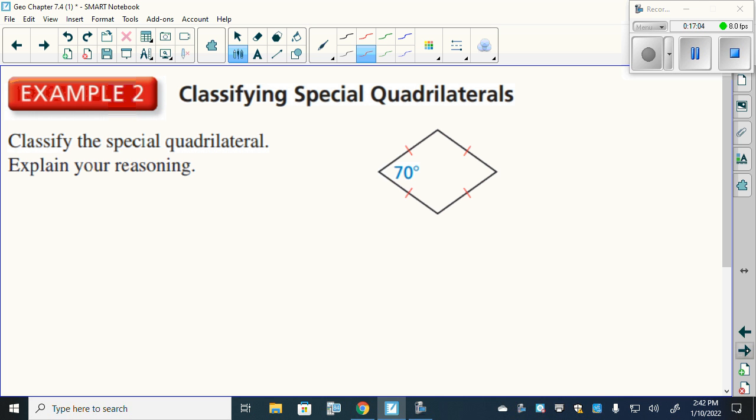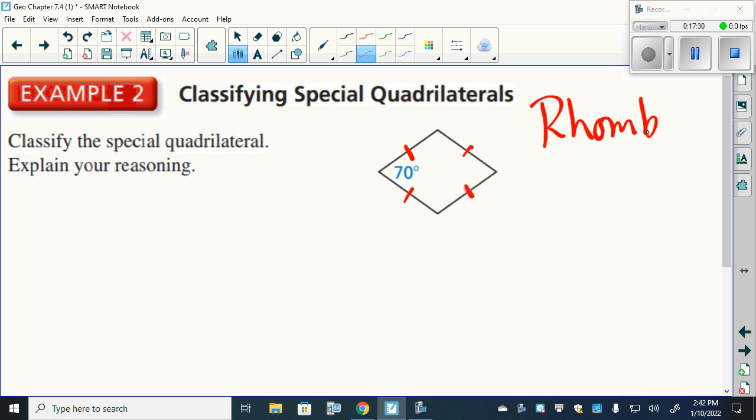By definition, it is a quadrilateral because it has what? 4 sides. Now, what else do we know? We have 4 congruent sides. So, which definition talked about having 4 congruent sides?